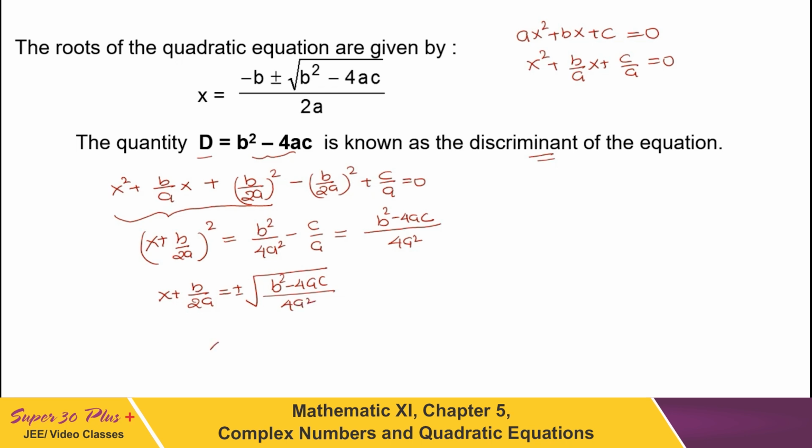Now simplify it. x is equal to minus b plus minus square root of b square minus 4ac upon 2a, and this is the discriminant. By taking plus and minus sign, we can find both the roots. For plus sign, let the root be alpha, and for minus sign, let the root be beta.